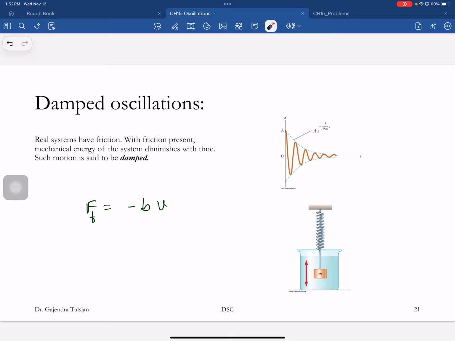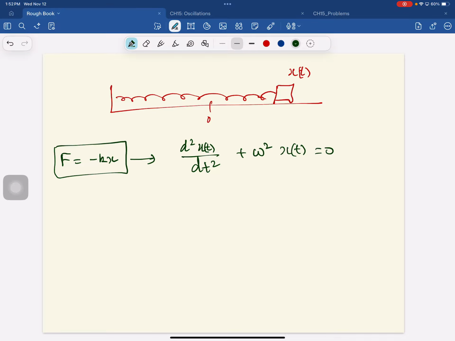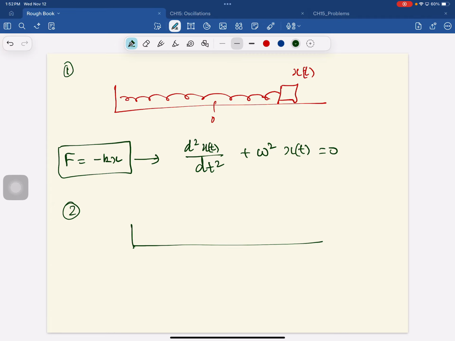So going back, this was our first iteration, and now we're wearing bigger boots. What are we going to do? We're going to throw in friction.